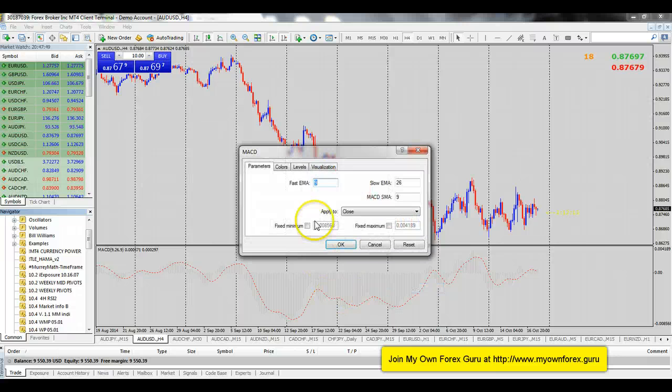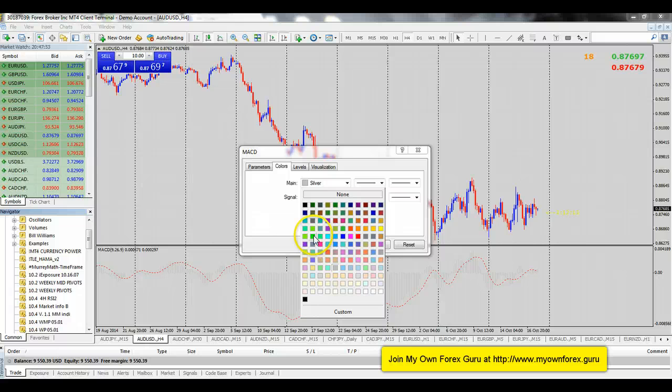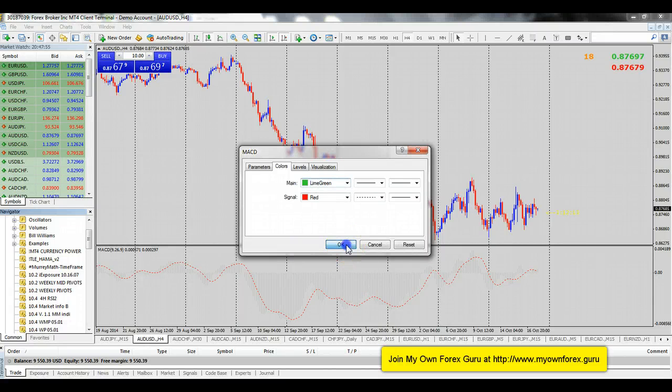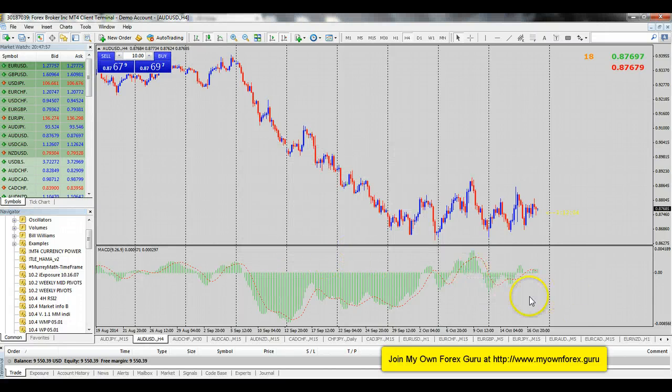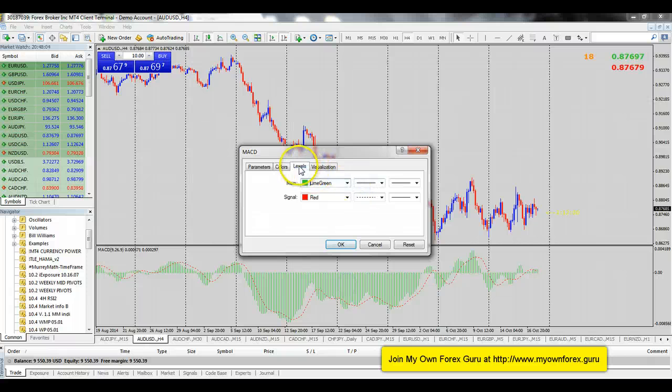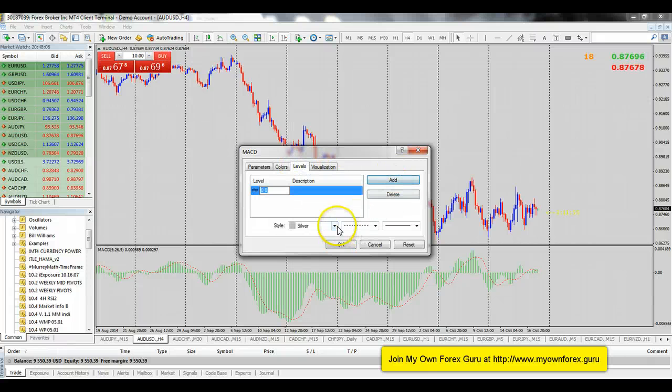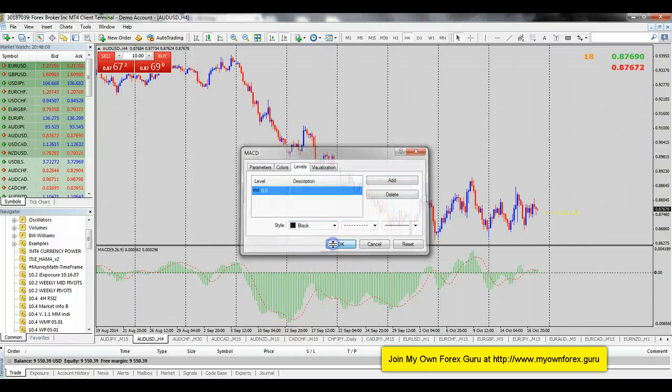Let me just fix up the colors a little bit. Alright, so with MACD, let's get the center line to levels. We'll put one at 0, a line through it.